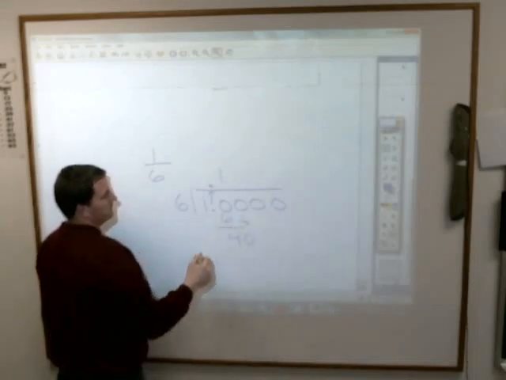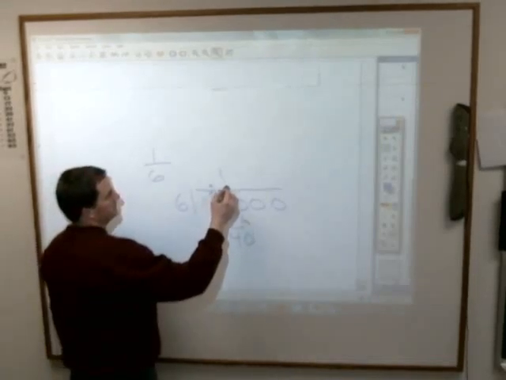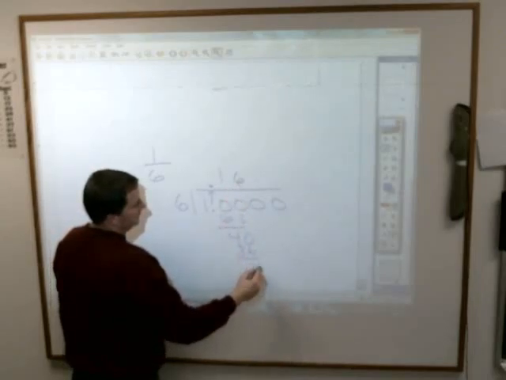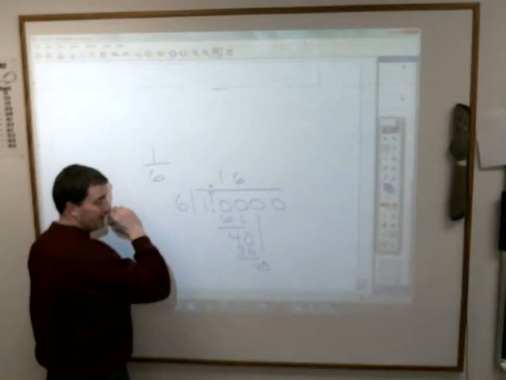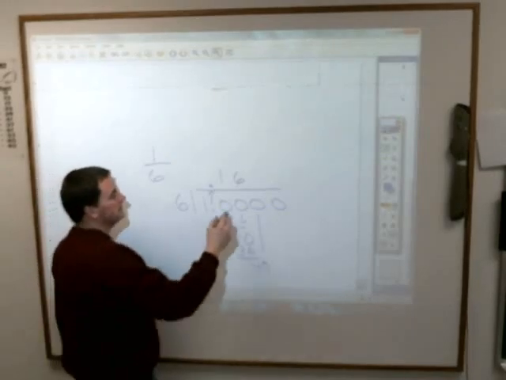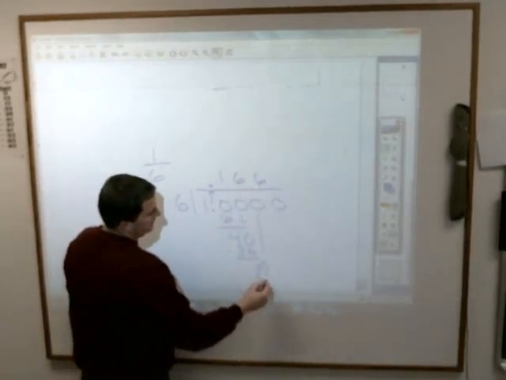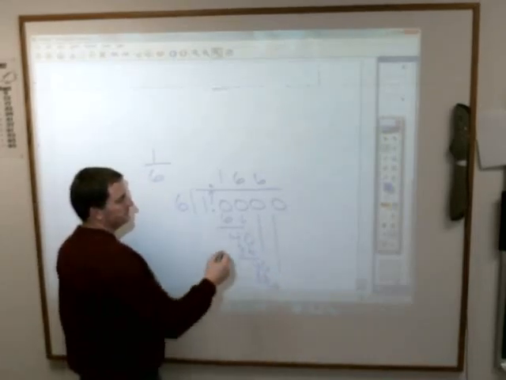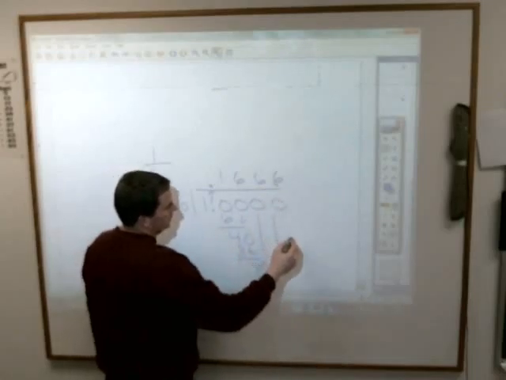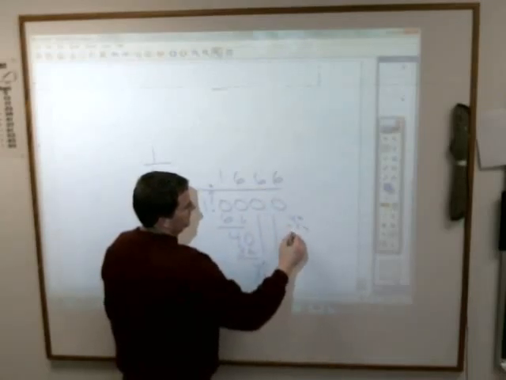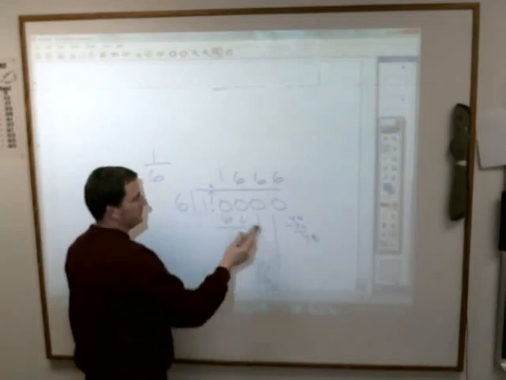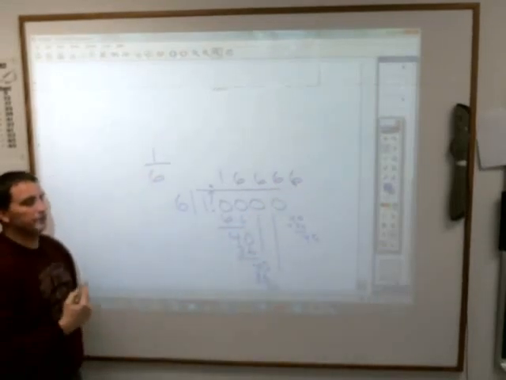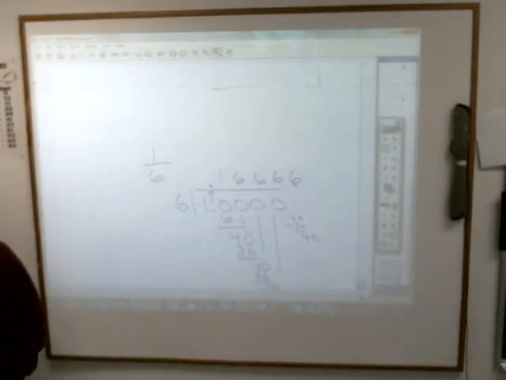How many times does 6 go into 40? 6 times, which is 36. I subtract, I get 4, bring down another 0. How many times does 6 go into 40? 6 times. I subtract, I get 4, and bring down another 0.